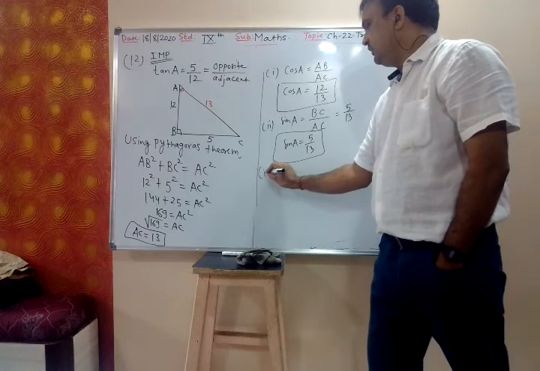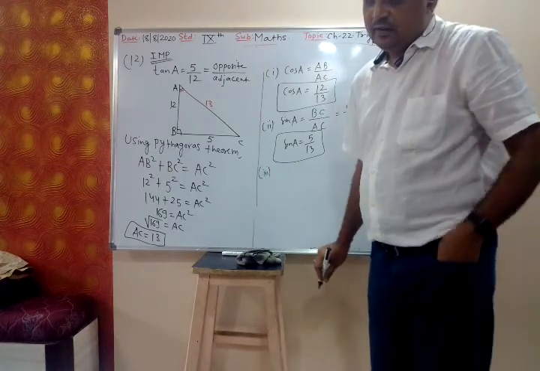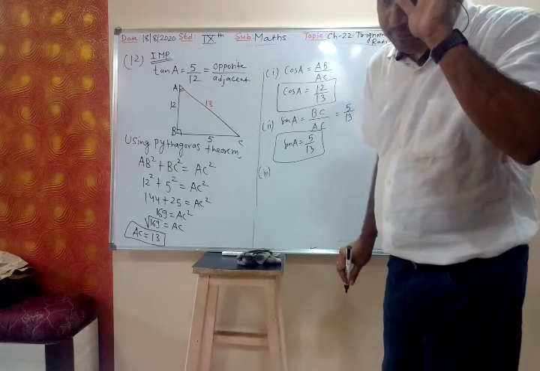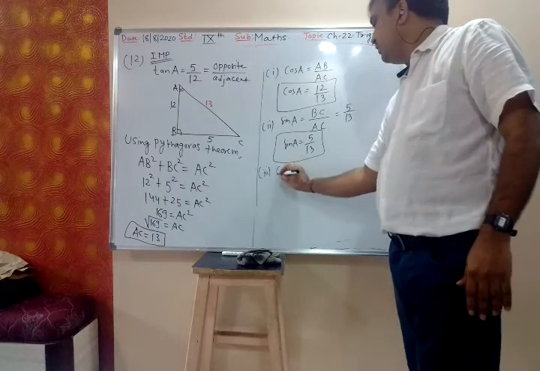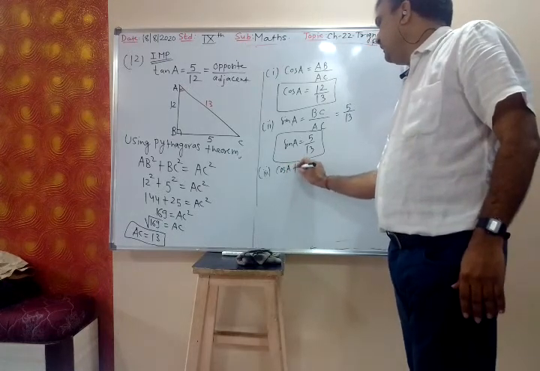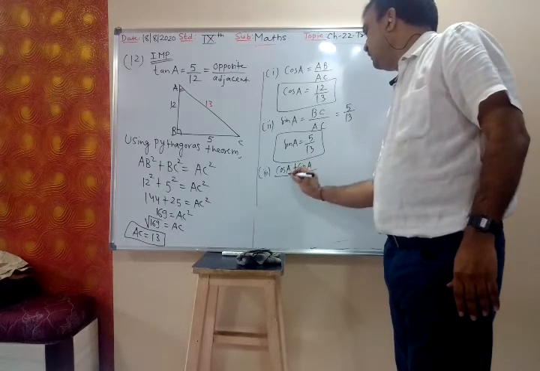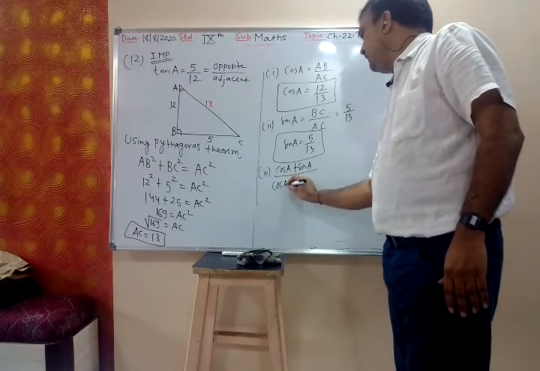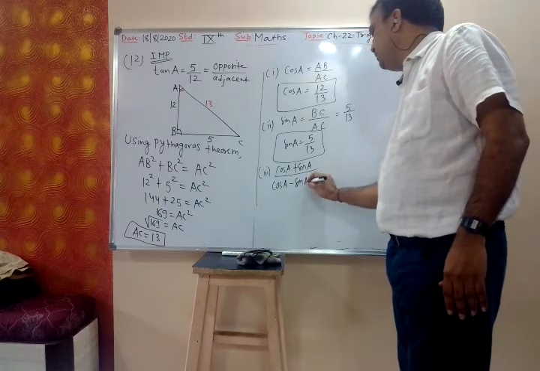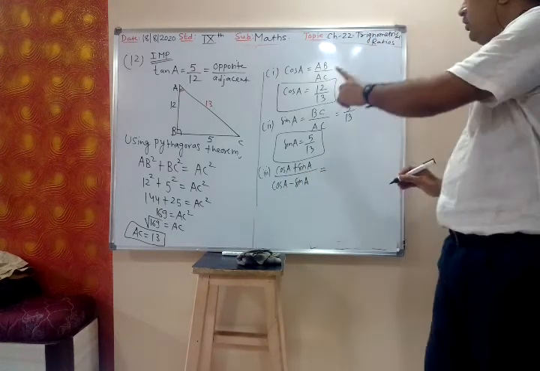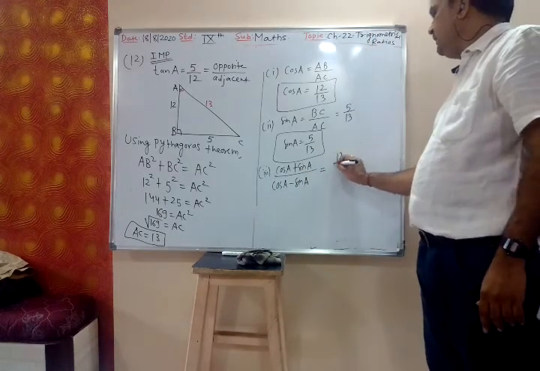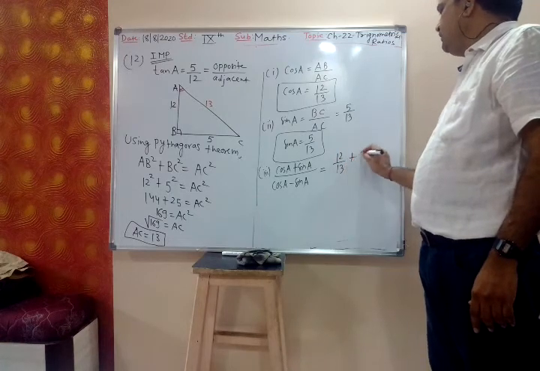Then third, find cos A plus sin A upon cos A minus sin A. Now cos A is 12 upon 13, sin A is 5 upon 13.